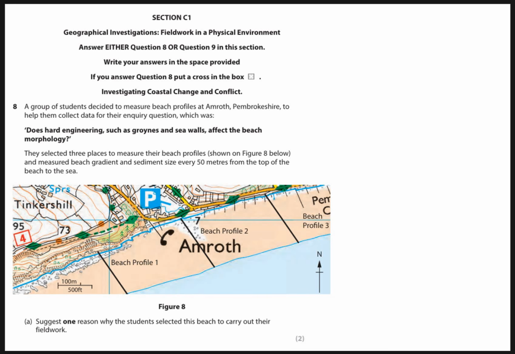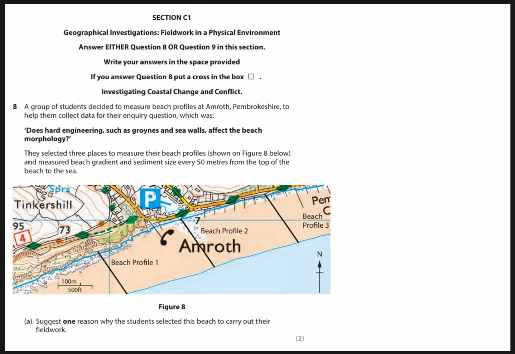So, size and shape of the beach. They selected 3 places to measure their beach profile, shown on figure 8 below, and measured beach gradient and sediment size every 50 metres from the top of the beach to the sea. First 2-mark question. Suggest one reason why the student selected this beach to carry out their fieldwork.